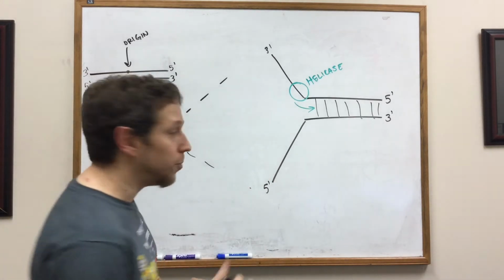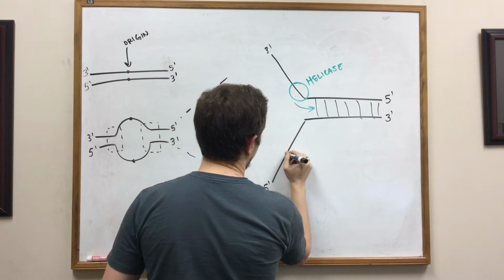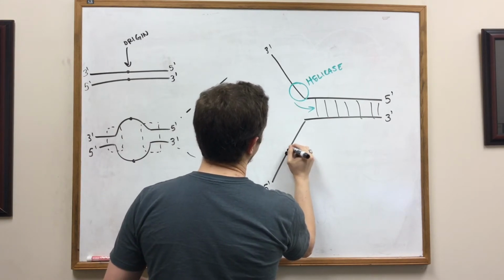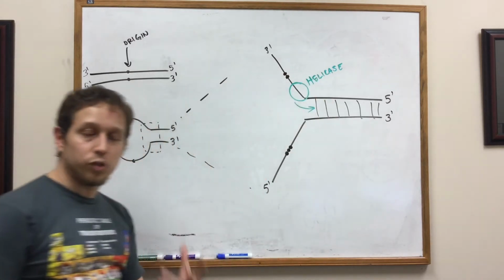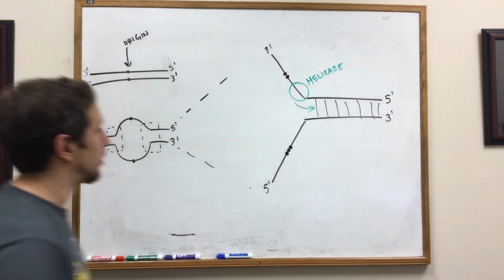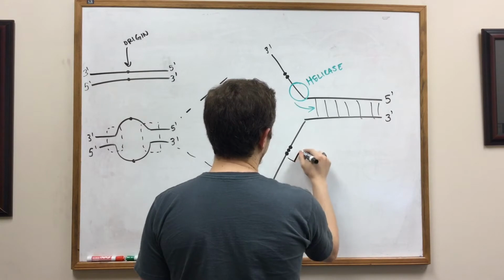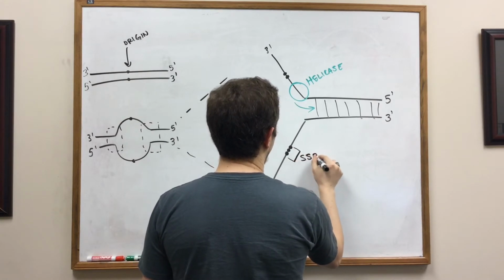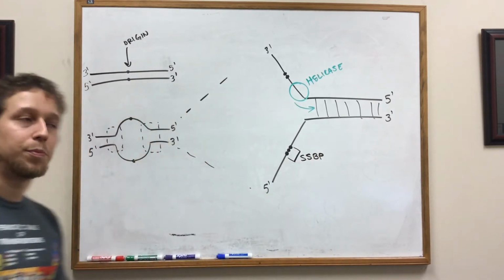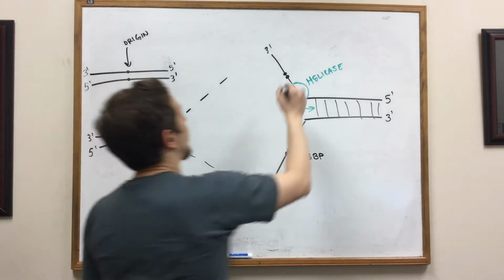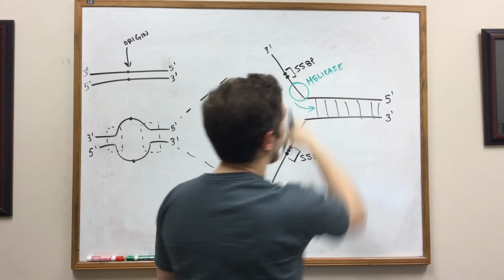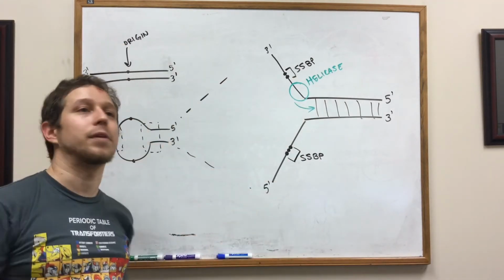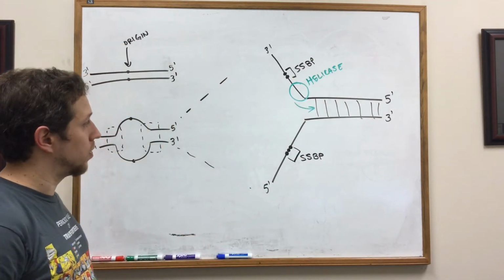So there are going to be special proteins that bind to each single strand, and they're going to prevent these strands from reassociating with each other. We call these single strand binding proteins, or SSBPs. These are going to be used to stabilize these single strands and keep them from coming back together. All right?